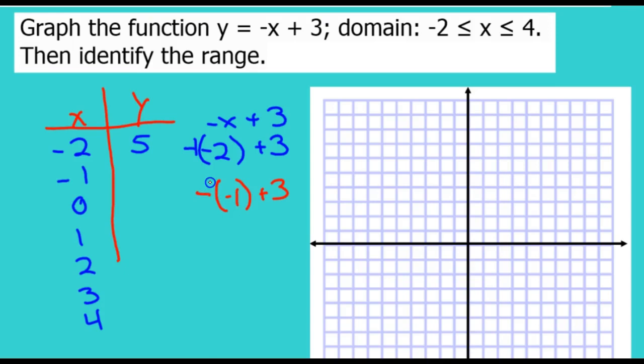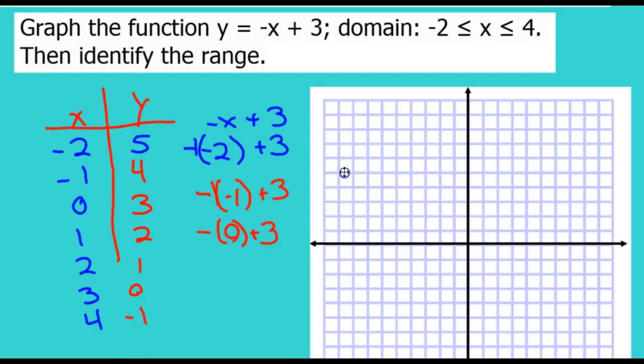Negative 1 times negative 1 gives us a positive 1, plus 3 gives us 4. Negative times 0 plus 3. Negative times 0 is just 0, plus 3 is 3. So it looks like I'm going down by 1, so my next one should be 2, and after that should be 1, 0, and negative 1.